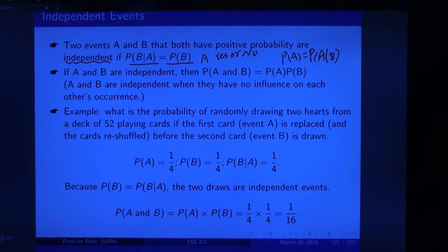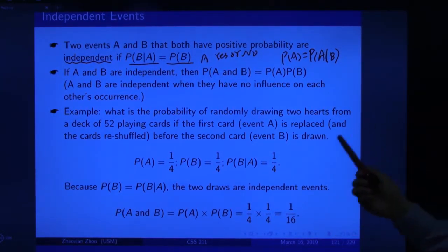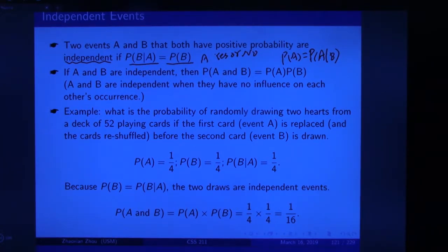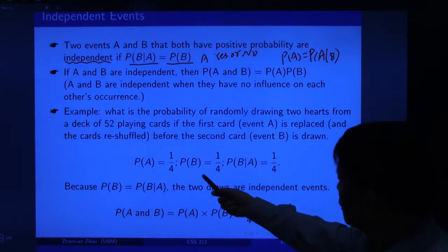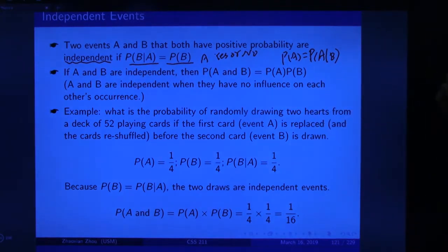Now we go back to the example of the playing cards. What is the probability of randomly drawing two hearts from a deck of 52 cards if the first card, event A, is replaced and the card reshuffled before the second card? We already know that, right? These two events are independent. Then P(A) equals P(B) equals 1/4, and P(A and B) equals P(A) times P(B) equals 1/16. So we can still use the general multiplication rule.